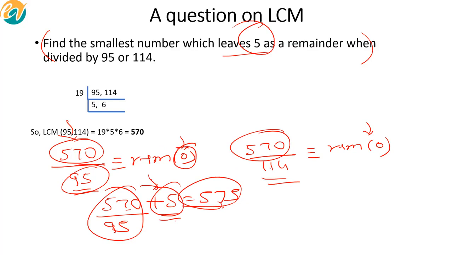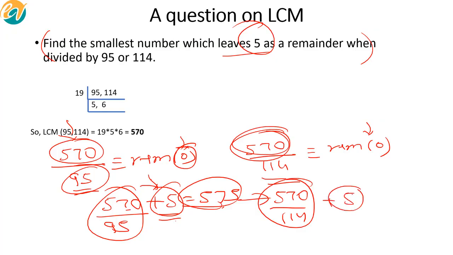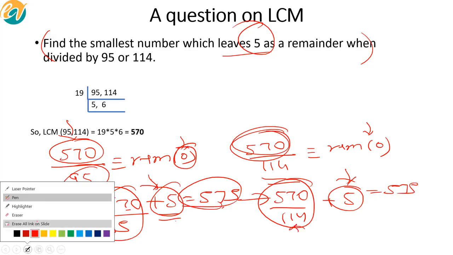Same case with 114: 570 upon 114 leaves 0 as the remainder, and when we add 5, 5 would be the remainder when you divide by 114. So 575 is the final answer.